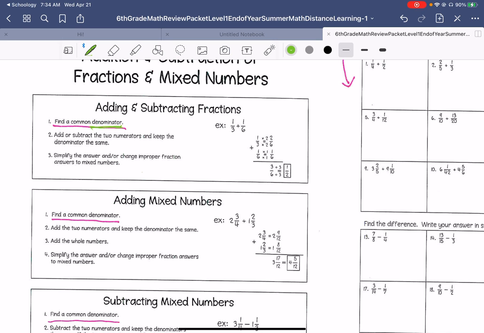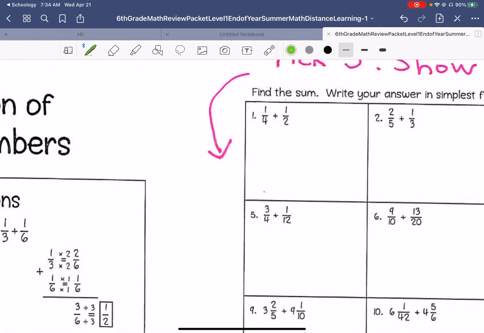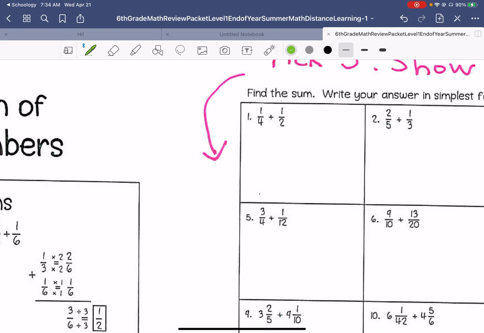Now, if we look at this very first one, 1/4 plus 1/2, I'm going to look at the smaller denominator, which is a 2. With that 2, I'm going to say, can that 2 go into 4? Yes, it can, twice. So I need to multiply both the numerator and the denominator by 2, leaving us now with 1/4 plus 2/4, because 1 times 2 is 2, and 2 times 2 is 4.